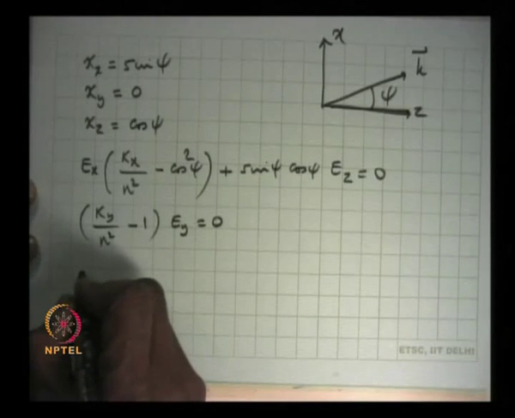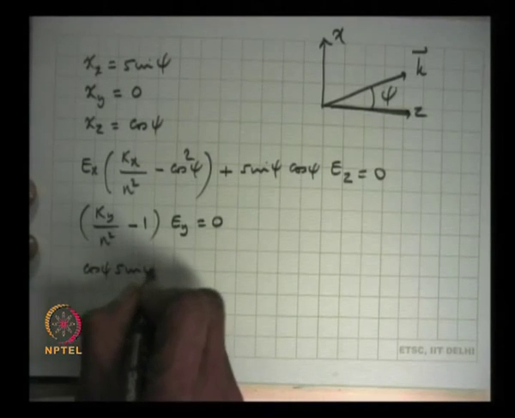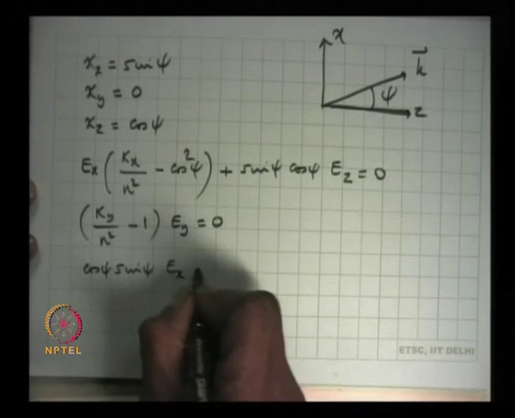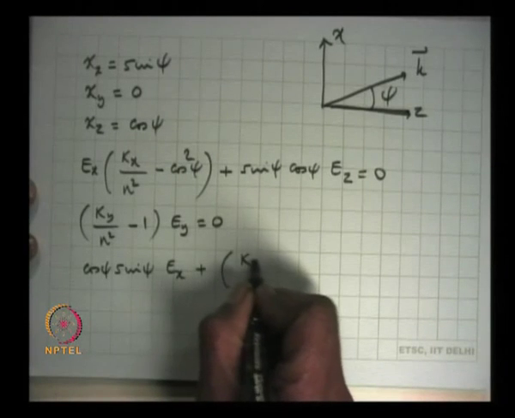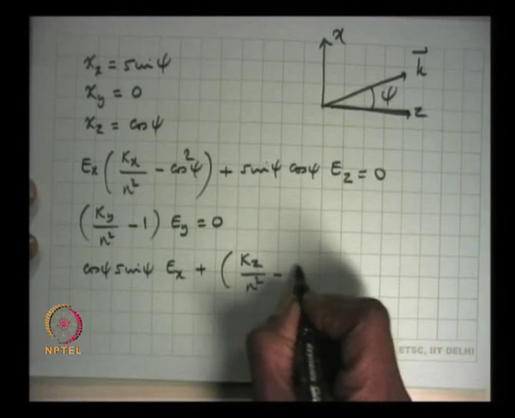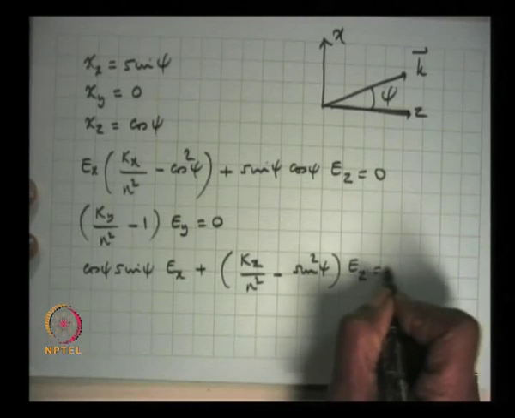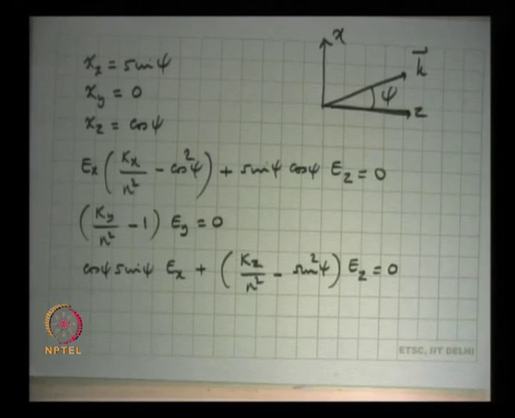And the last equation is cos psi sin psi Ex plus kz by n square minus sin square psi into Ez. So, I have just substituted the values of kappa x, kappa y and kappa z in those three equations, and those three equations simplify to this set of three equations.